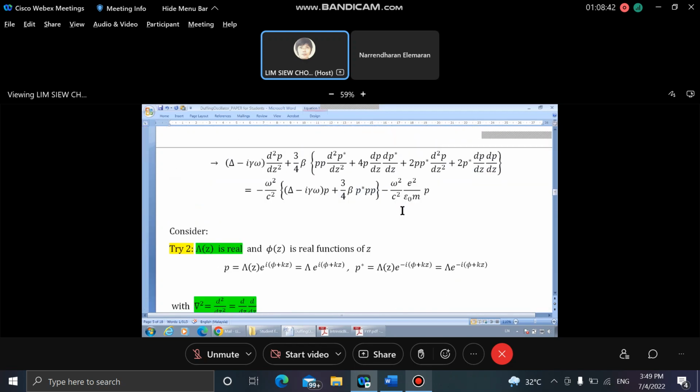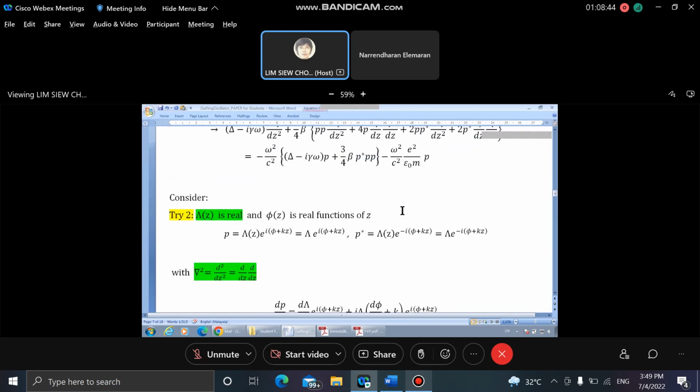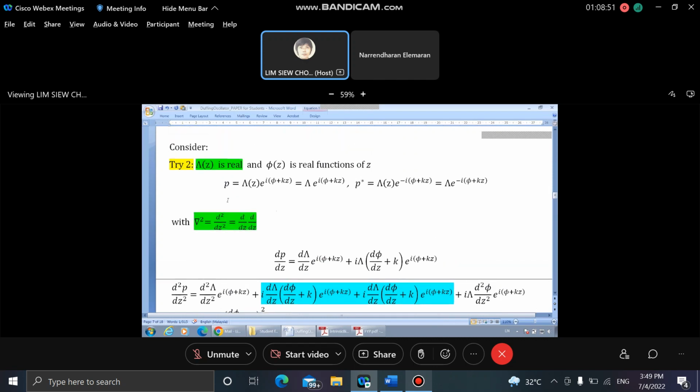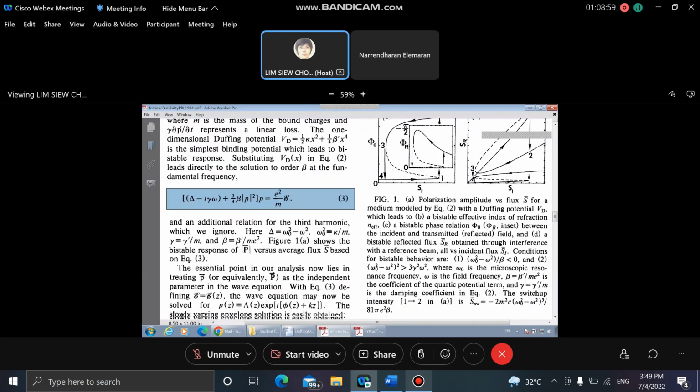And for the function of Z, according to the paper, that's why I always go back to the paper for consideration, I adopt the results.